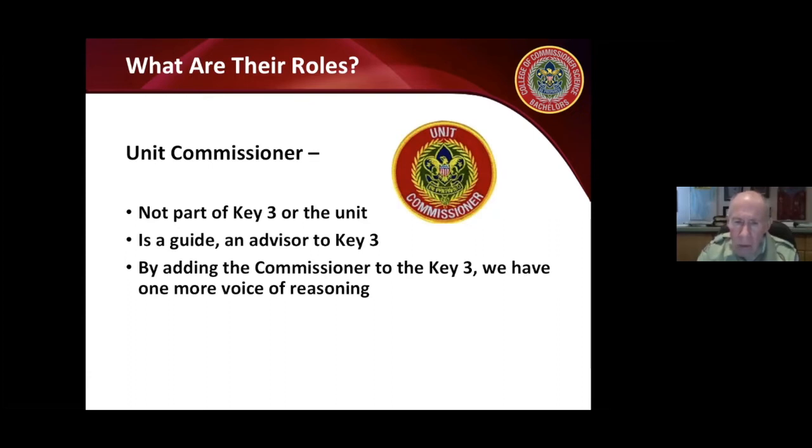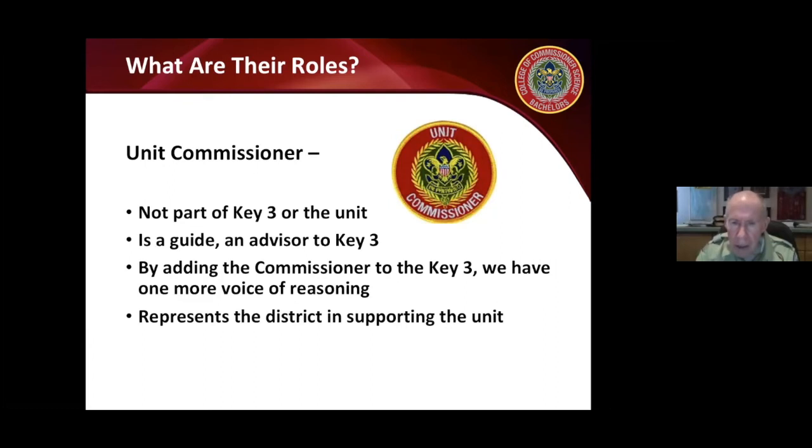When we add one additional member visiting and working with the unit Key 3, we have one more voice of reasoning in regard to setting policies, dealing with issues, and setting goals. And so this Key 3 and their relationship to the commissioner needs to be an effective one where they have a good working relationship.